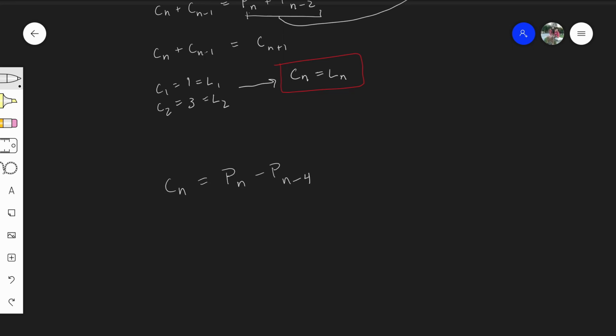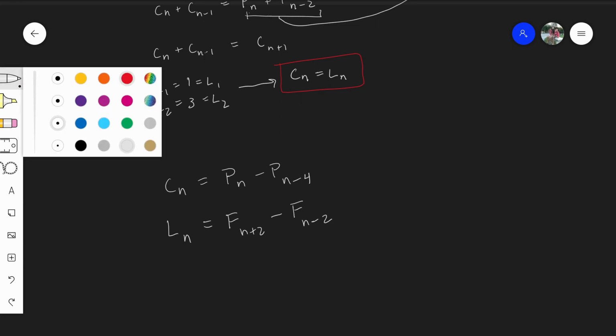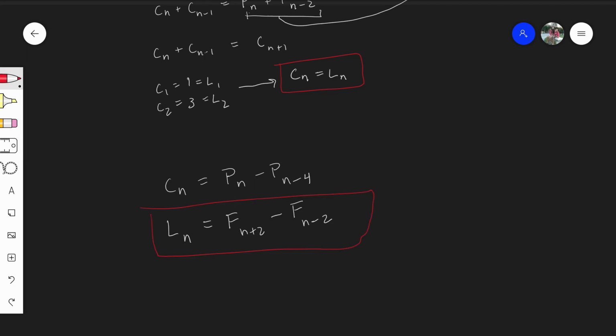Now, convert both of those into Lucas numbers and Fibonacci numbers, and we actually have that the nth Lucas number is equal to the (n+2)th Fibonacci number minus the (n-2)th Fibonacci number. And you can find relations like this all over the place, these being proven completely graphically through our colorings.